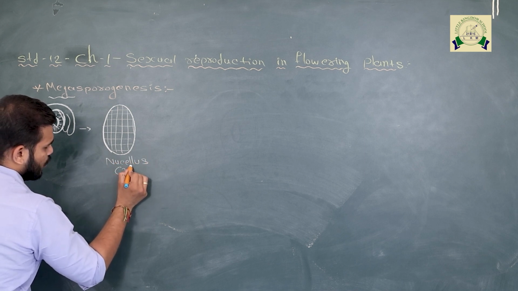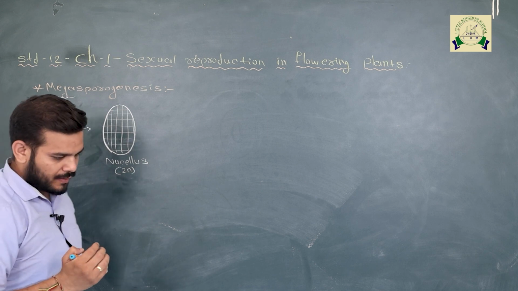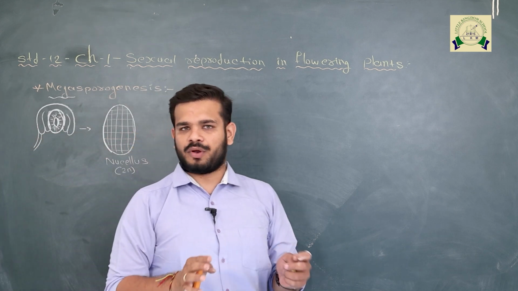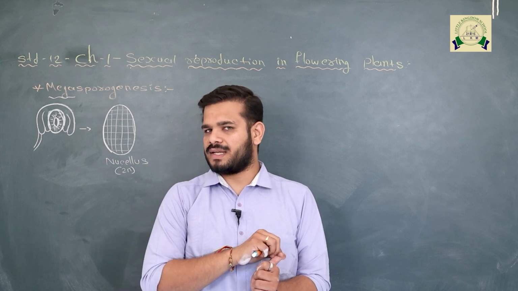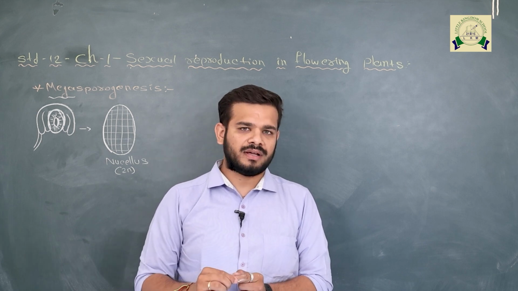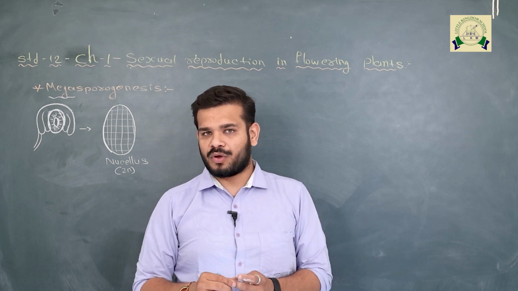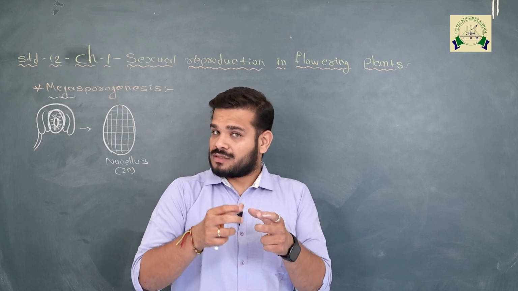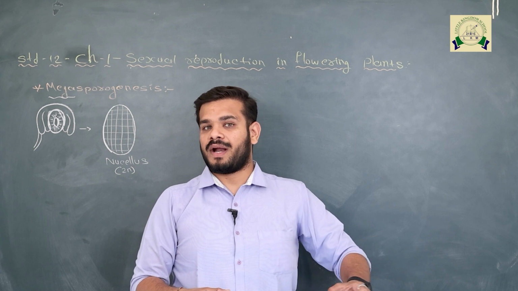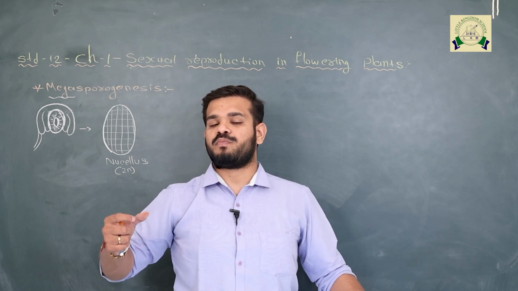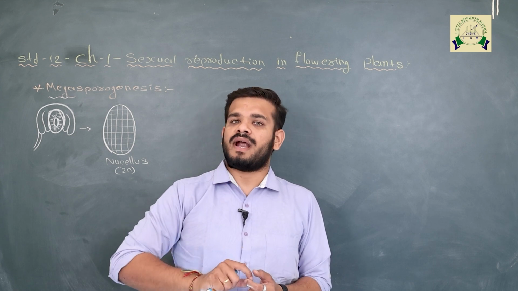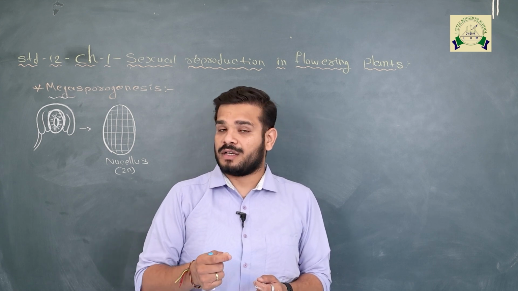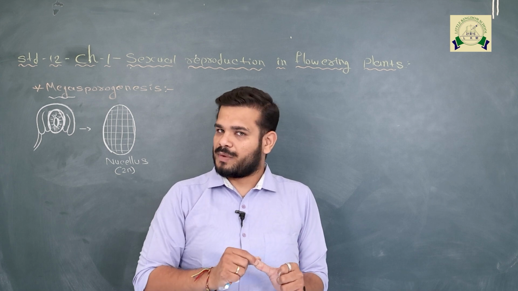All the cells of the nucellus are diploid. We know that the whole plant is diploid. Each and every structure of the plant is diploid. That means the root is diploid, the leaf is diploid, all the branches are diploid. The flower is also diploid. The male reproductive part is also diploid. The female reproductive part is also diploid. When we say the whole pistil is diploid, that means the stigma, the style and the ovary are also diploid.